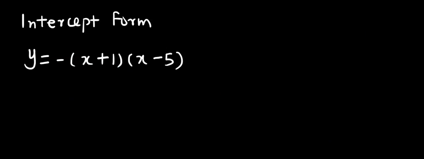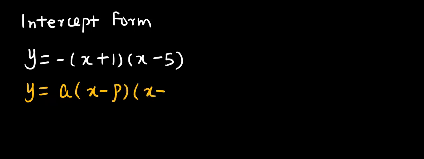First, we're going to write down the intercept form right underneath this. Remember it is minus p, and it is minus q. Let's write down our a first. You don't see a number here, you only see a negative symbol, which means a is negative 1.